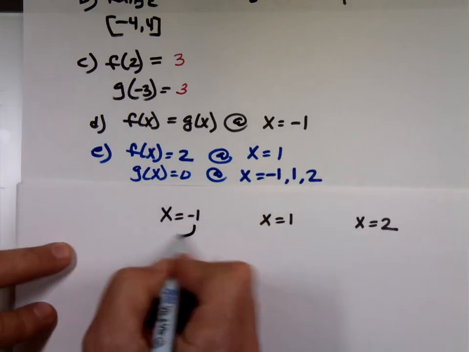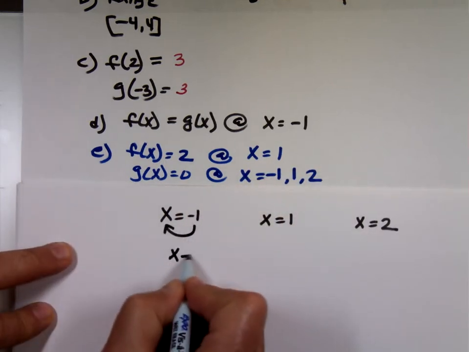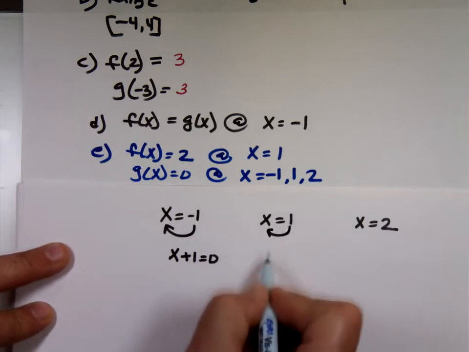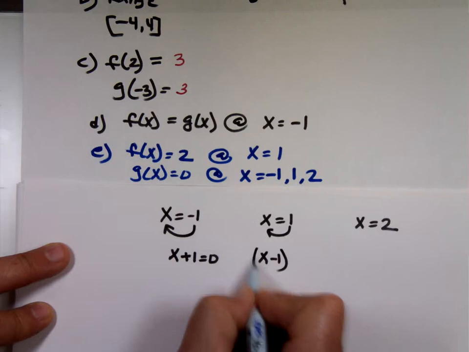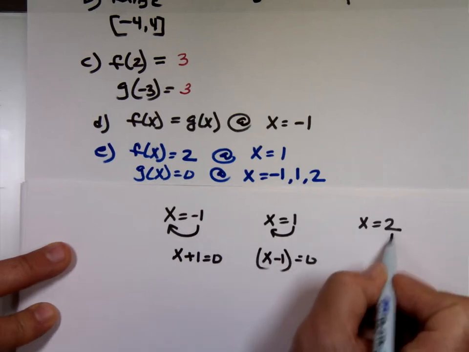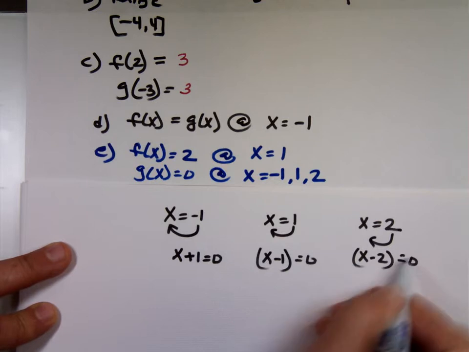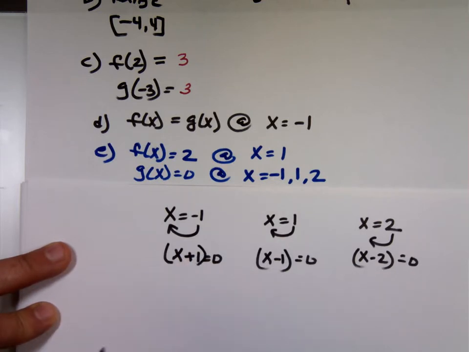Bring the minus 1 here. What do you have? X plus 1 is equal to 0. Bring the 1 here. X minus 1 is equal to 0. Bring the 2 here. X minus 2 is equal to 0. What is g of x?